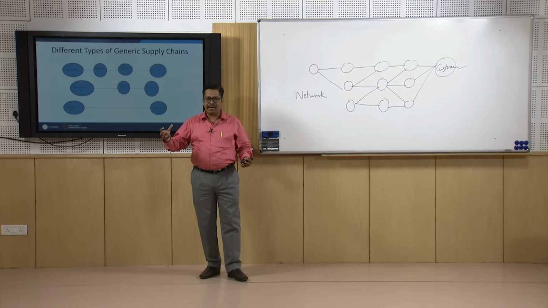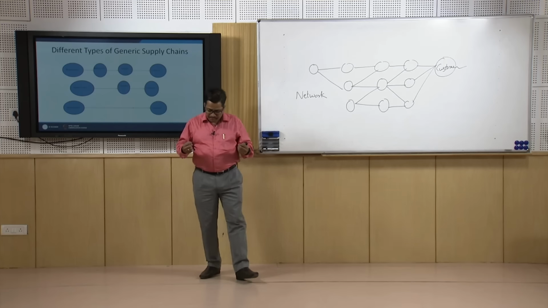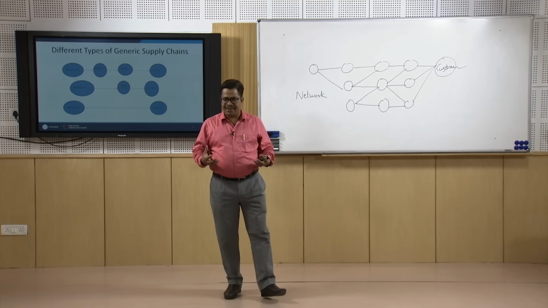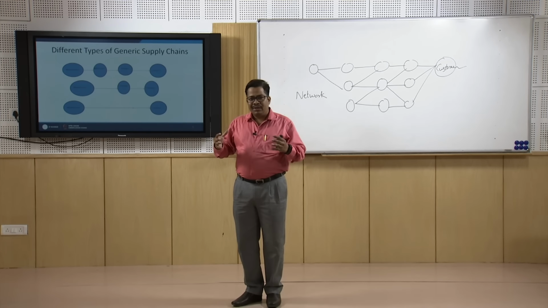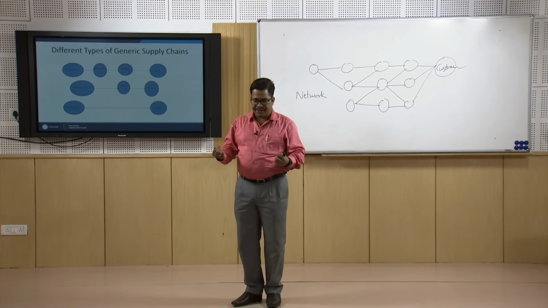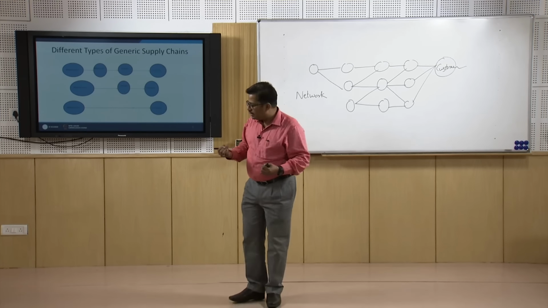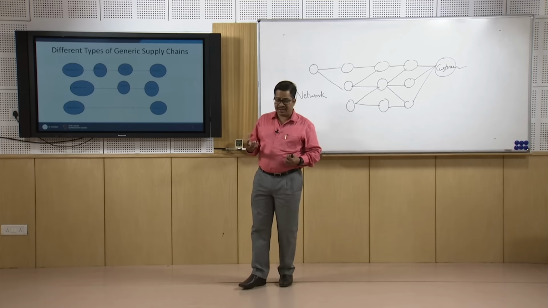So one supply chain competes with another supply chain, and therefore for the success of the organization, it is very important that we develop the competence of the entire supply chain. It is not the competence of a single organization.